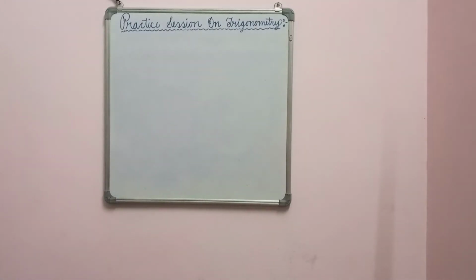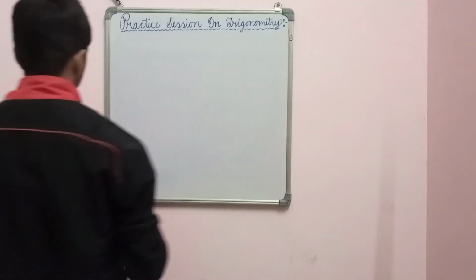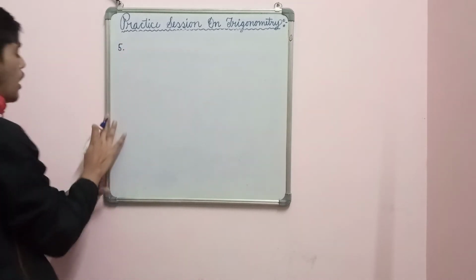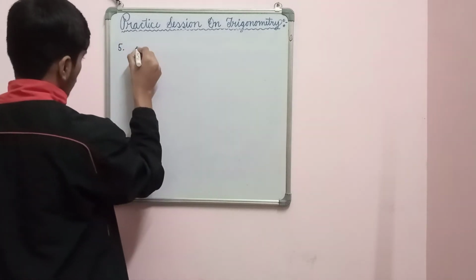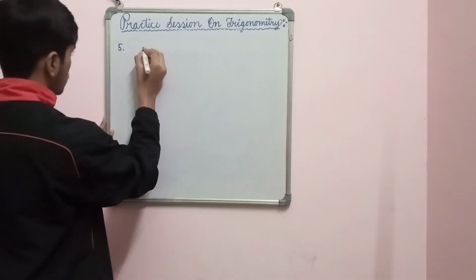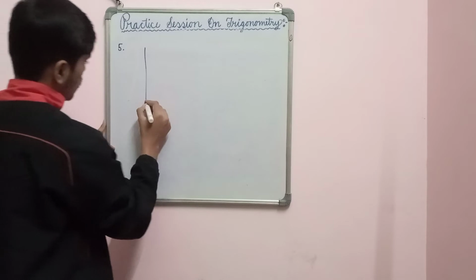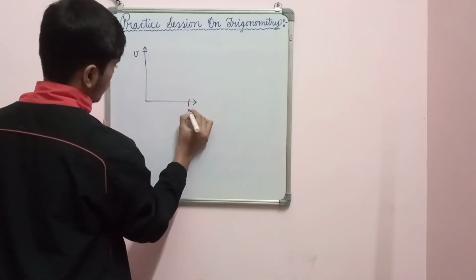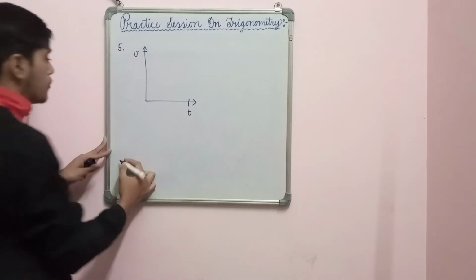Okay. So I have another question. Question number 5. And this question is, so here you have been given a velocity time graph. A velocity time graph.